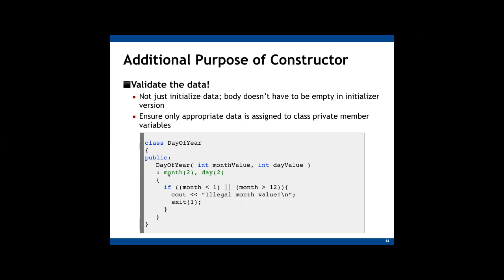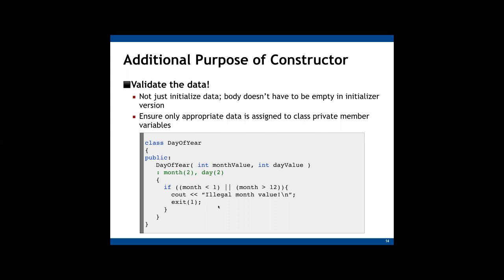So the initialization of member variables is done here. And this doesn't mean that the constructor body needs to be empty. Inside the constructor body, we can check whether the arguments are valid, like this one. By doing so, we can ensure that objects are initialized with correct values. This obviously will improve the reliability of the program.